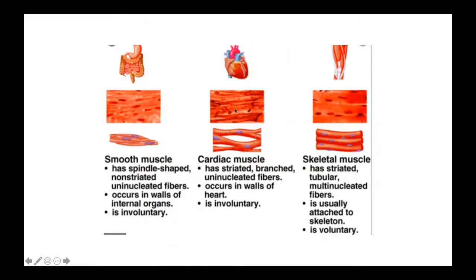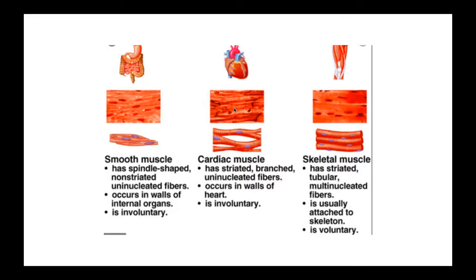If you look at cardiac muscle, one of the things I forgot to point out was that we have these intercalated discs, right? These black vertical lines. They run transversely to the muscle fibers. And what these intercalated discs are is the junction or union between two cardiomyocytes.